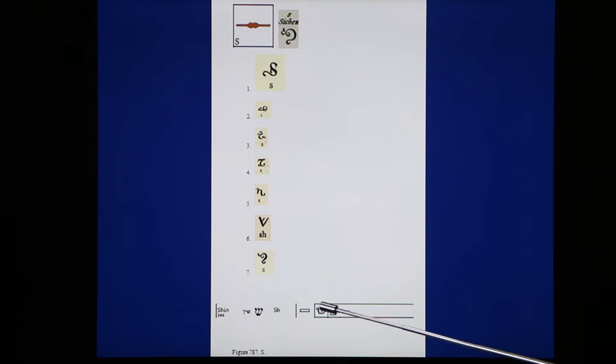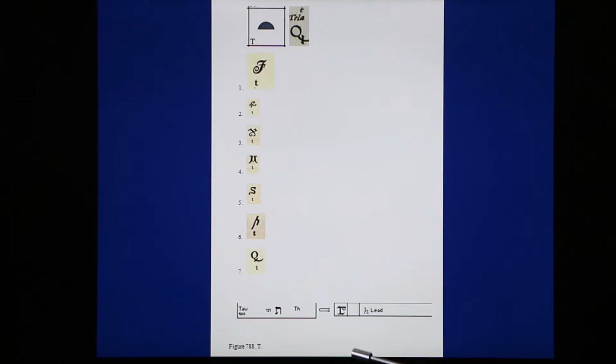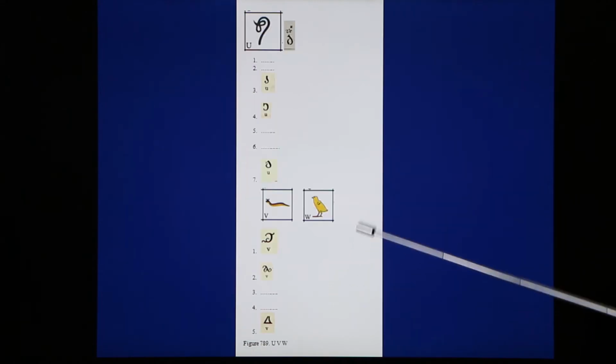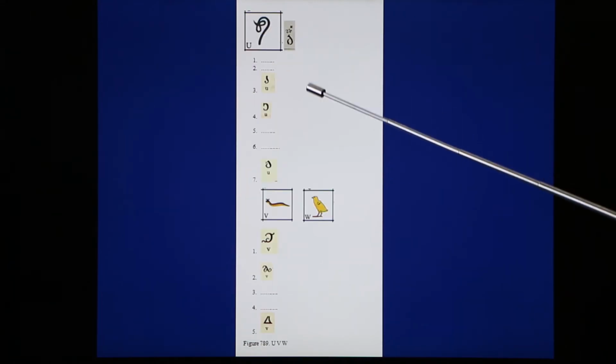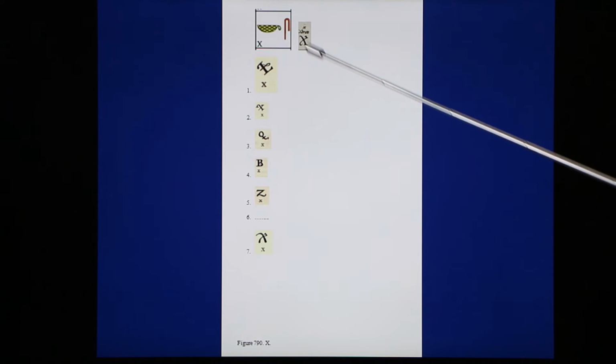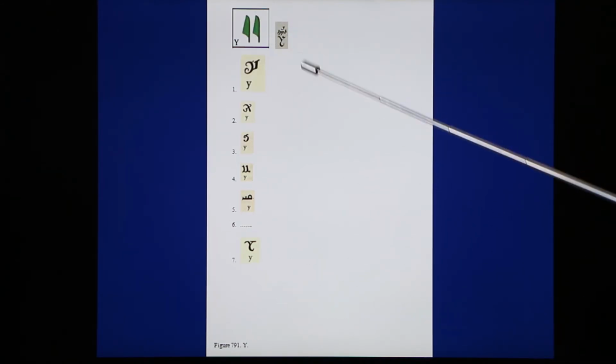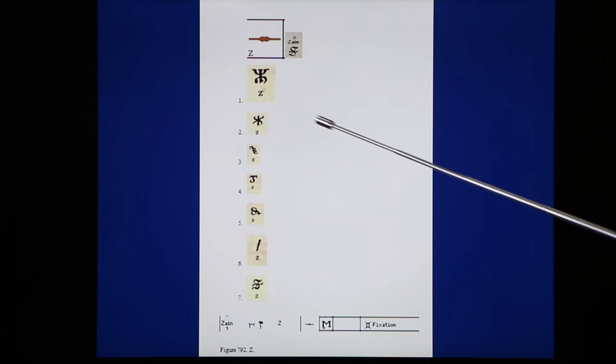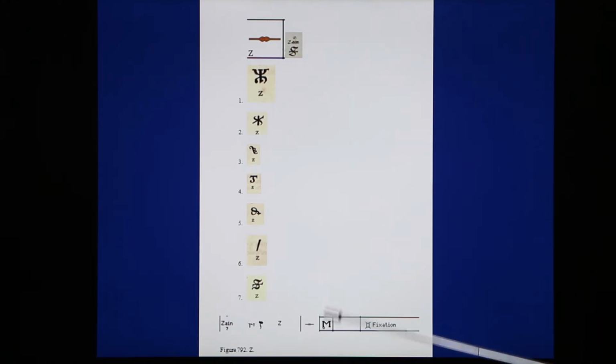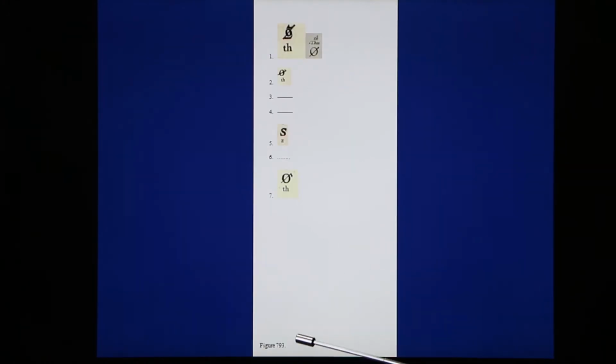Some of them have a slight variant. T, U, X, Y, two feathers, Z, there it's the same again, and TH.